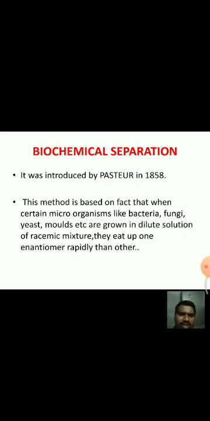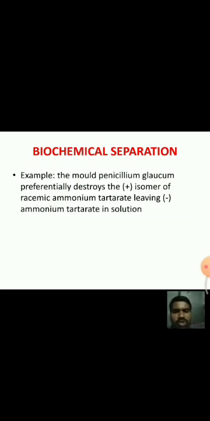Next, biochemical separation. In this separation, microorganisms like bacteria, fungi, and yeast are grown in a dilute solution of the racemic mixture. This microorganism eats up one enantiomer, leaving another enantiomer. Hence, the separation of one enantiomer will be possible.